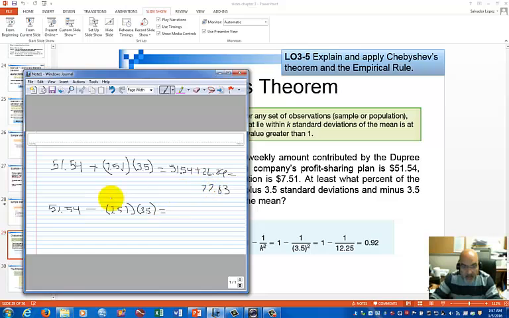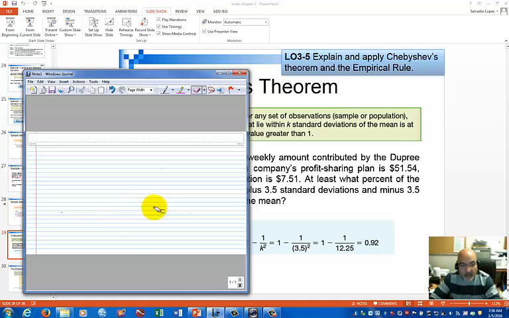So in that case, it'll be 25.25. So it is expected that at least 92% of these values will be between $25.25 and $77.83.